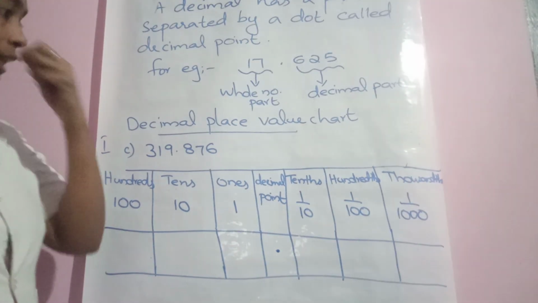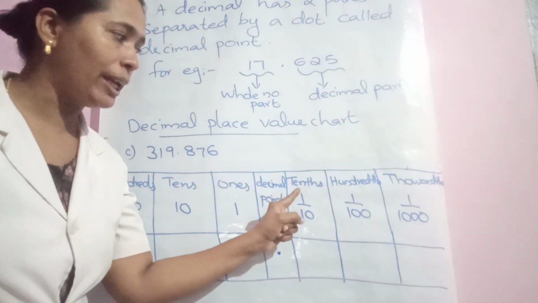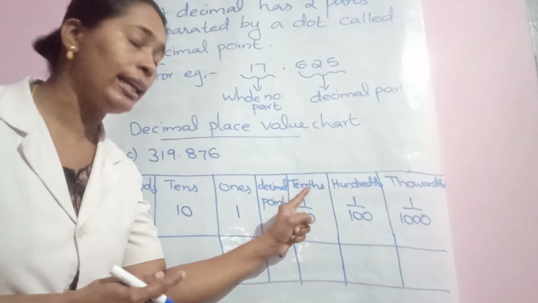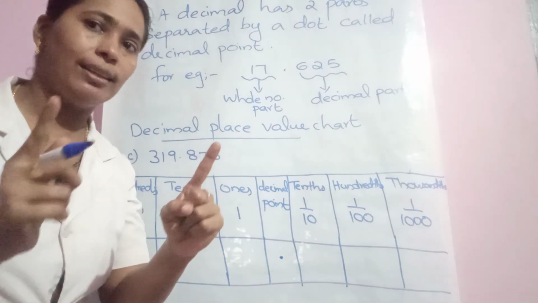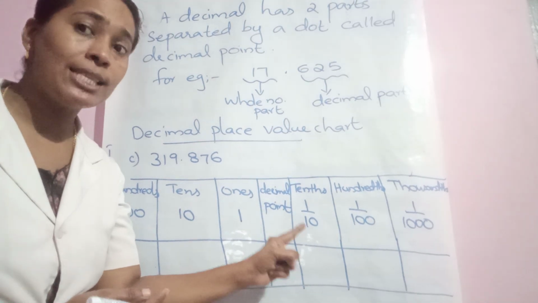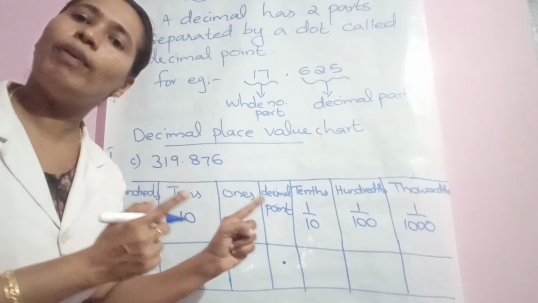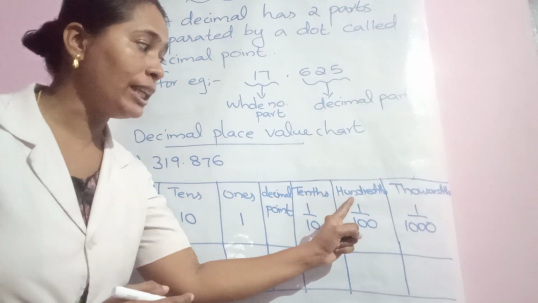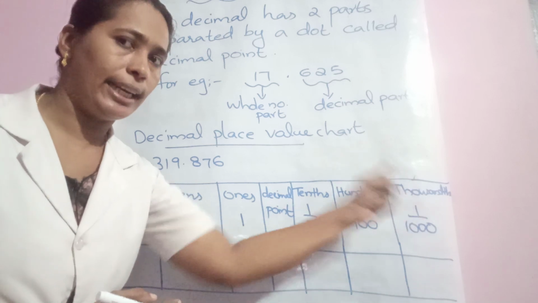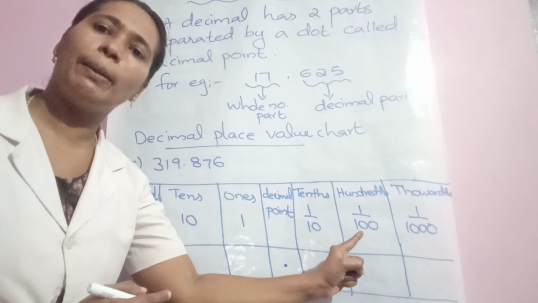Now, in the decimal part, the first place is called tenths, T-E-N-T-H-S, and algebraically we can write it as 1 by 10. Next one is called hundredths, written as 1 by 100.